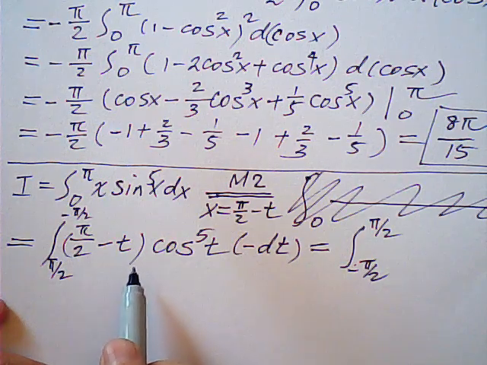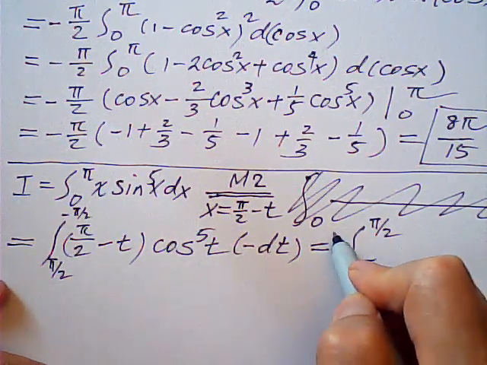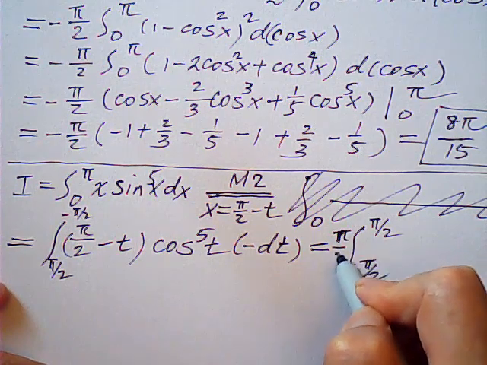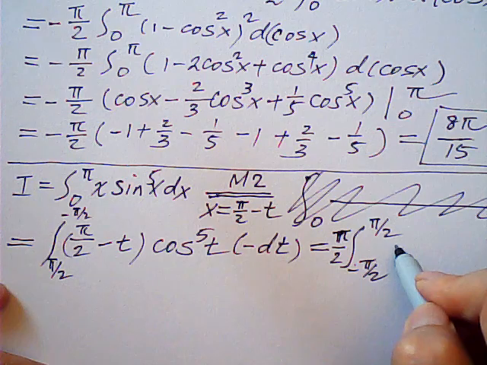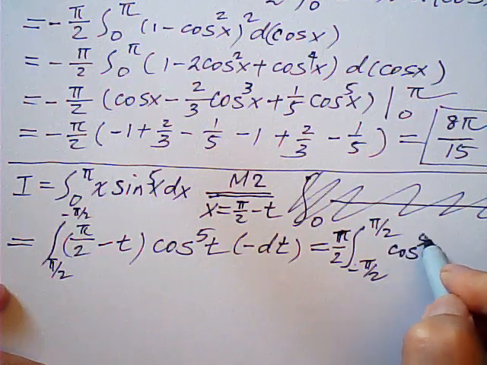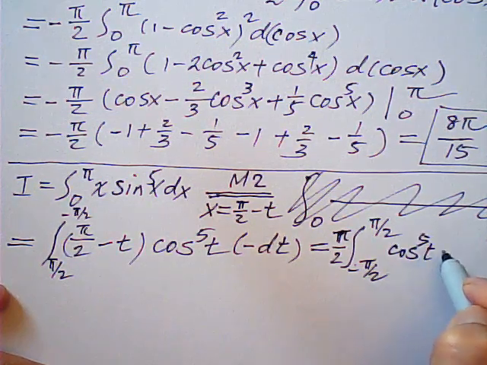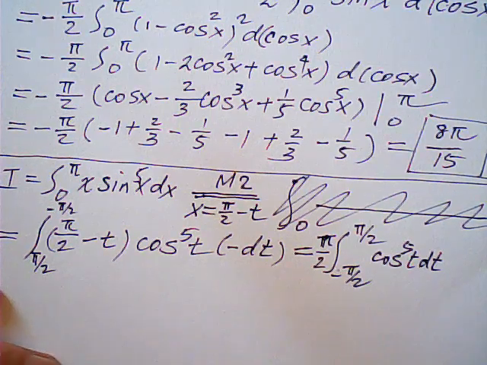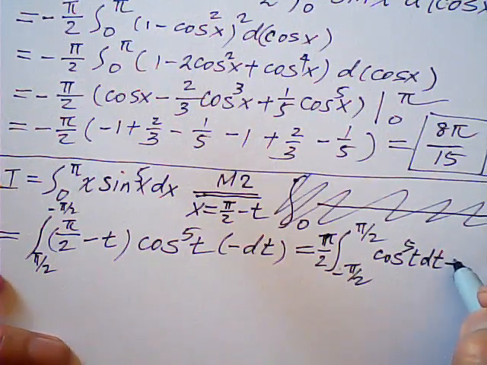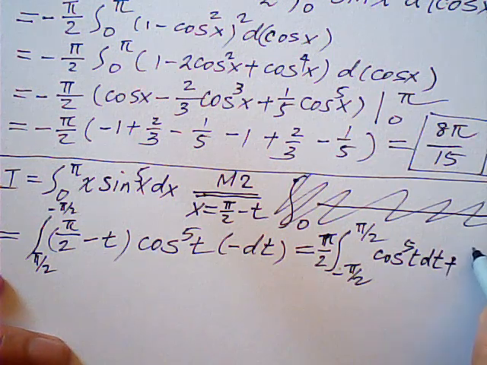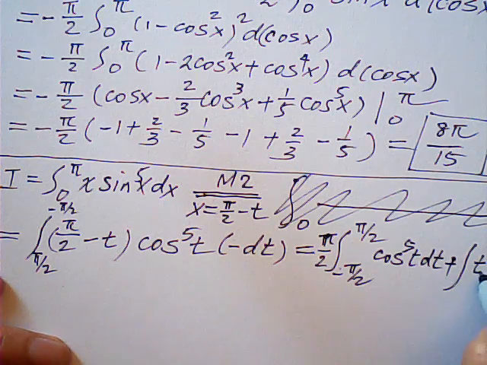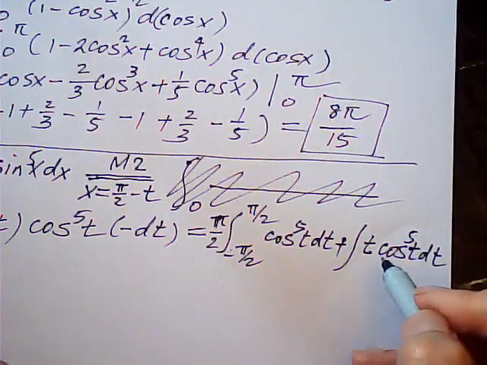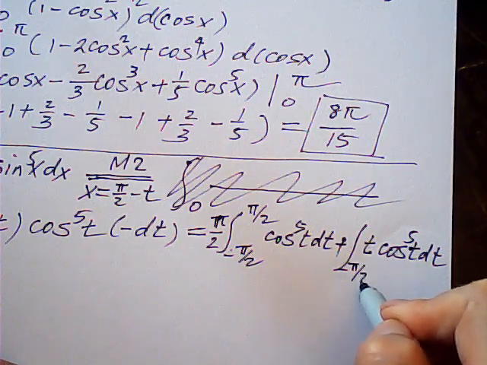It becomes the first integral, half pi cosine fifth t dt, isn't it? The second one will become plus t cosine fifth t dt, from minus half pi to half pi.